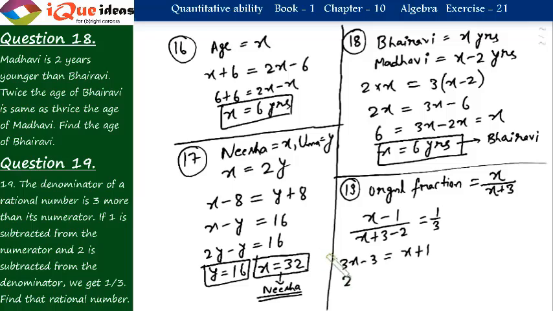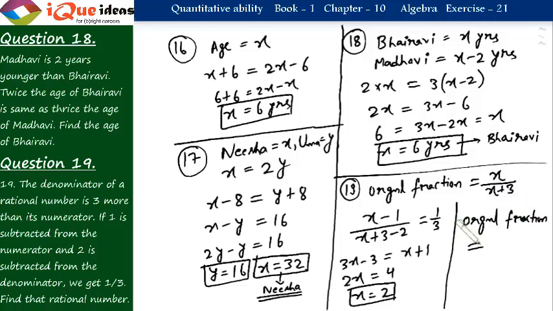Bring X to the left hand side, so it becomes 3X minus X, that is 2X. 3 goes to the other side, becomes 4. So X is equal to 2. That means our original fraction is X upon X plus 3, so it is 2 upon 2 plus 3, which is 2 upon 5. This is the answer of this question.